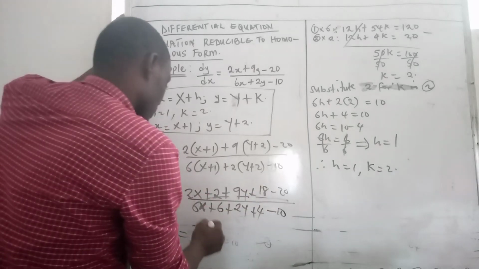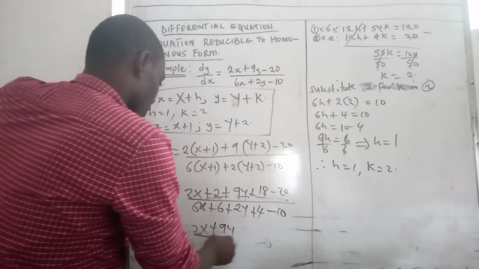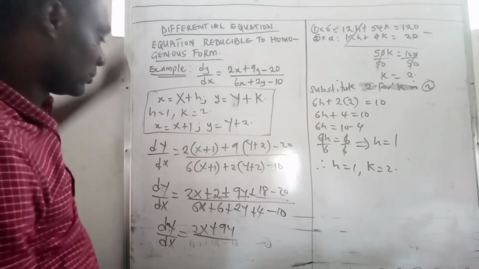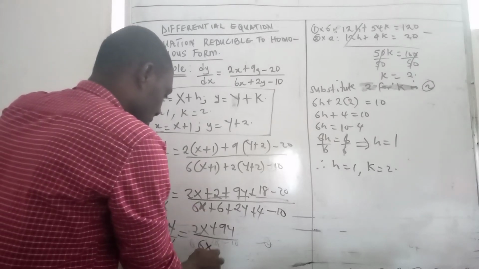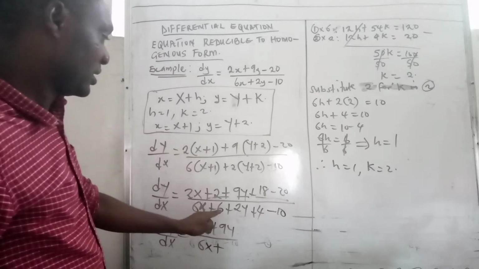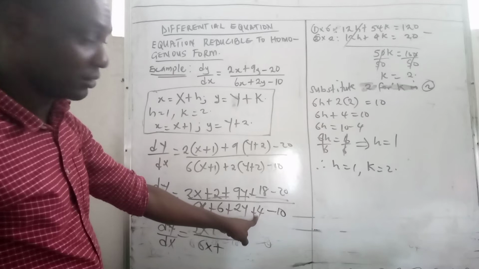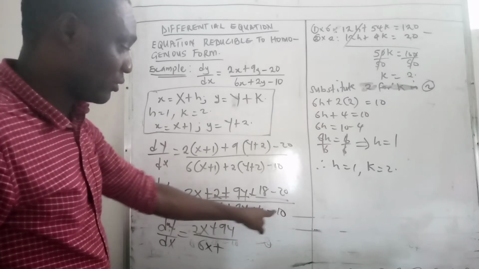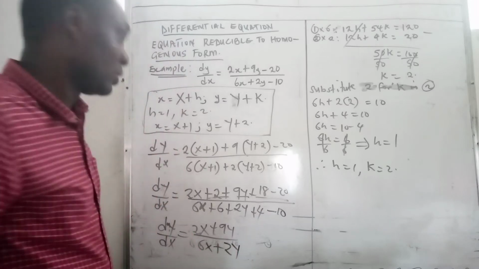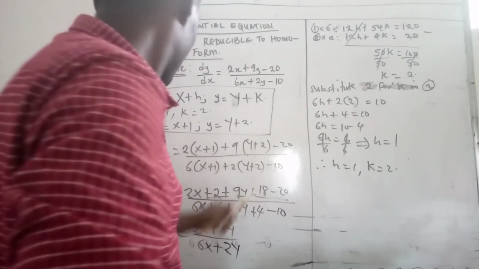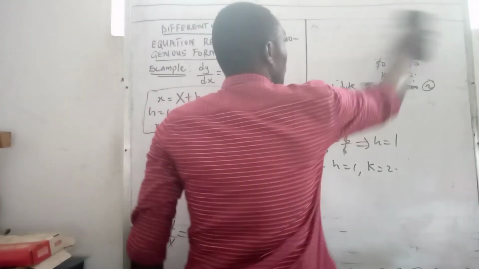So plus 9y all over 6x plus 6 plus 4 is 10, minus 10, that's 0. So I'll be left with plus 2y. So we have been able to reduce this to this by substitution.